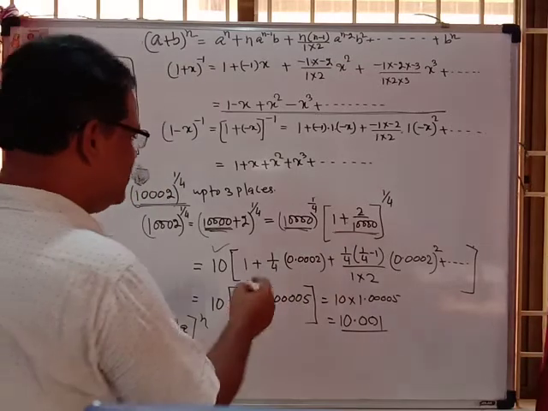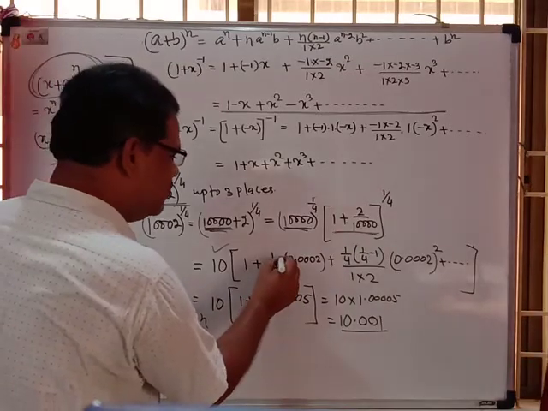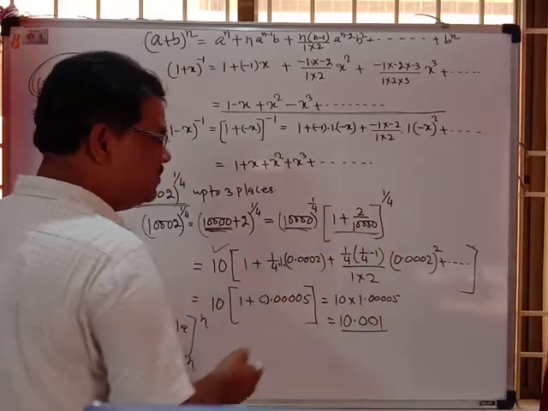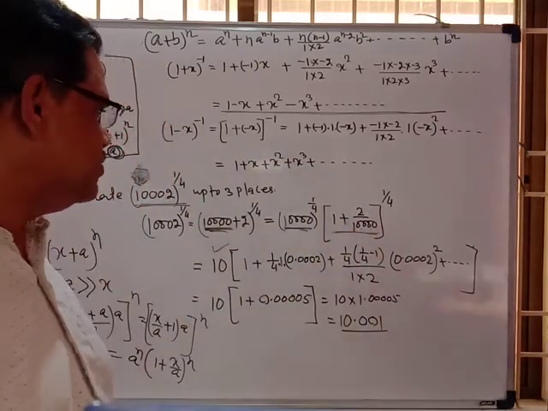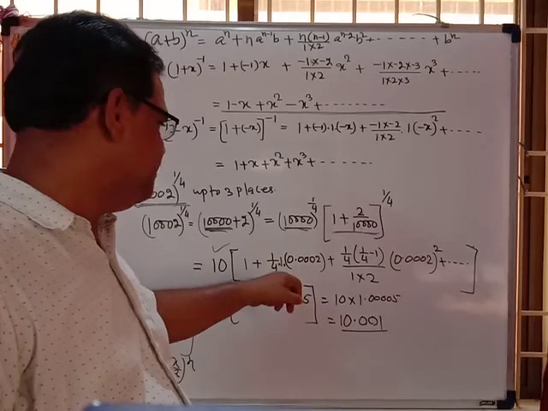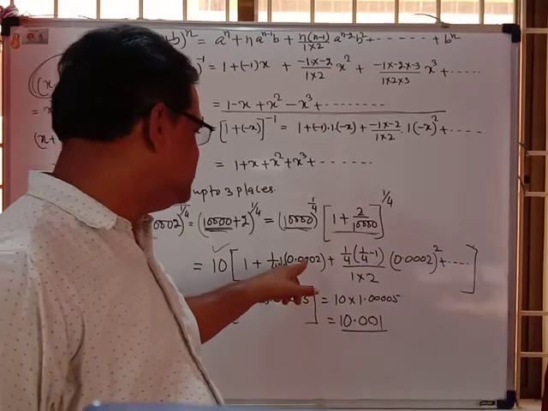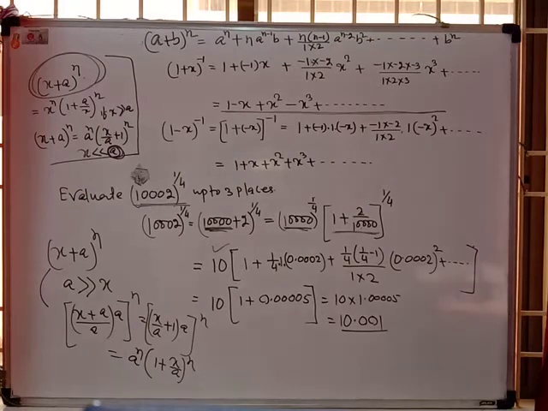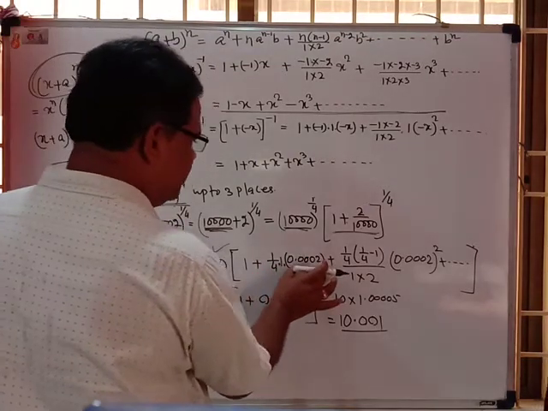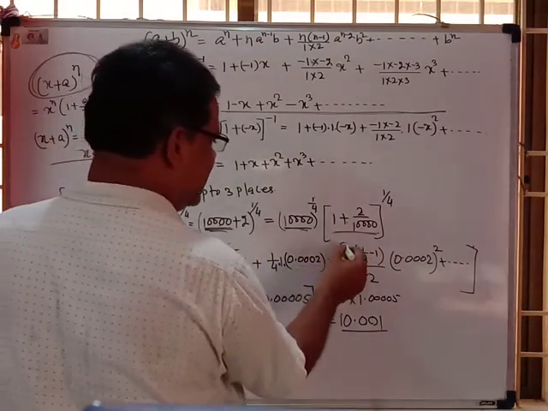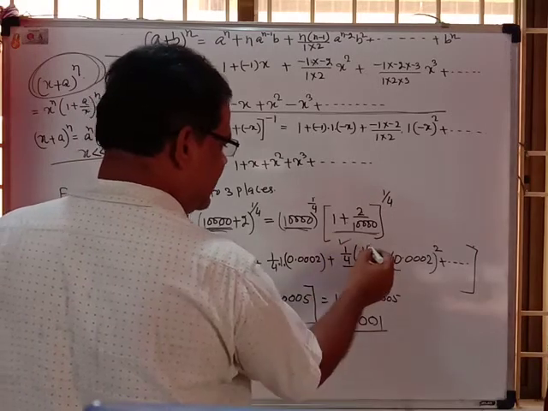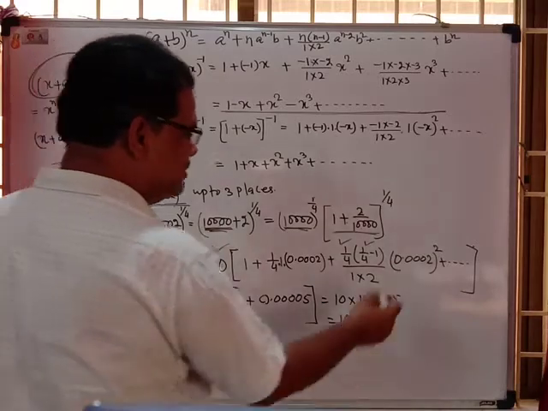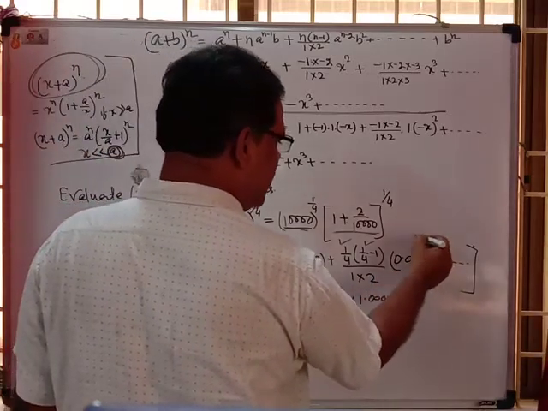So 1 by 4 into b, which is 2 by 10,000, that is 0.0002, plus n(n-1) with n as 1 by 4, divided by 1 into 2, times 0.0002 squared.